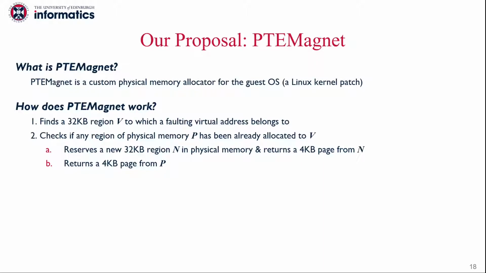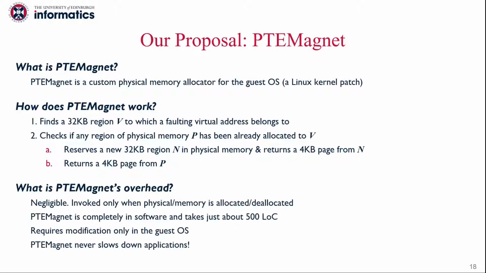If no region in physical memory has been allocated yet, PTEMagnet reserves a new 32 kilobyte region in physical memory and returns a 4 kilobyte page from the reserved region to the application. In contrast, if a region has been allocated previously, PTEMagnet returns a 4 kilobyte page from that region.